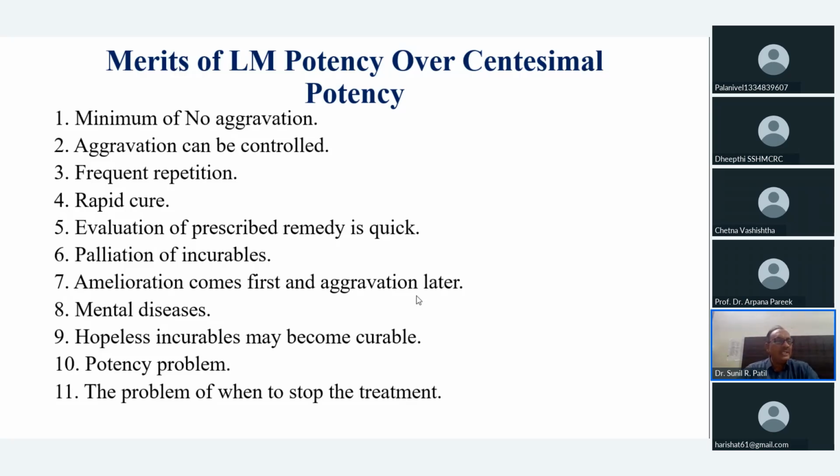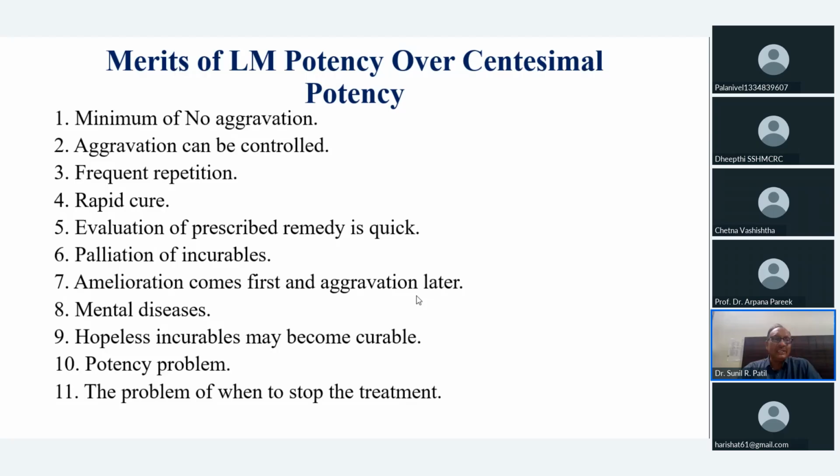So we can note the evolution of the prescription and make the necessary modification sooner as compared to the centesimal scale. With the centesimal potency, the physician is forced to wait a longer period to watch the action of the prescribed remedy, whereas the evolution of the prescription is very quick in the LM potency.